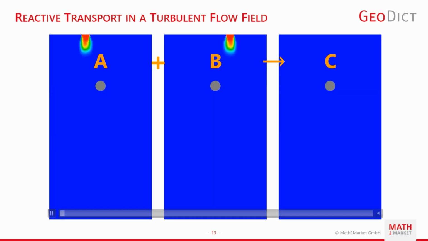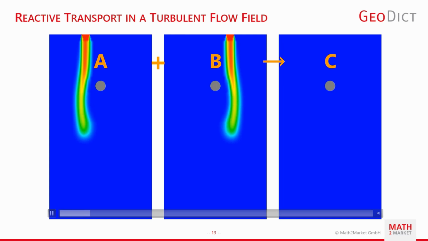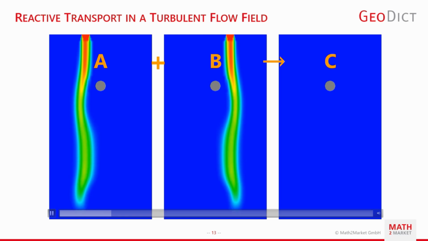Okay, now let's look at the simulation. So we have an inflow of concentration A and B. This is the same domain, just for visualization I show it 3 times. This is actually a very old benchmark that I know from my academia time. But at that time they mixed A and B by diffusion.